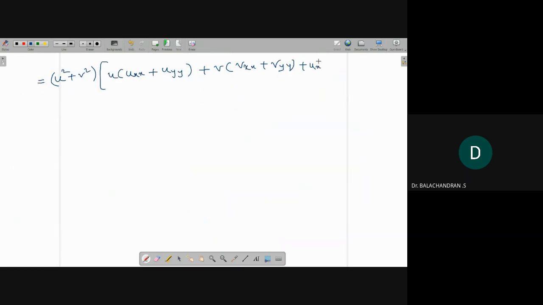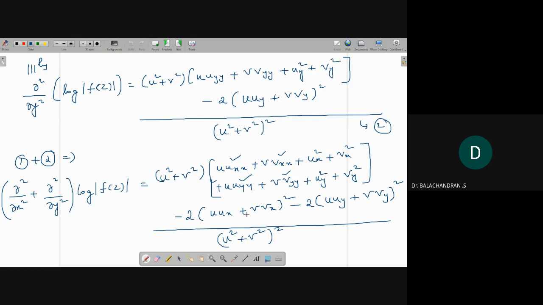Plus ux square plus uy square plus vx square plus vy square. Close the bracket, and then these two, minus 2 is common. Then a square plus b square plus 2ab. Here also you have a square plus b square plus 2ab.